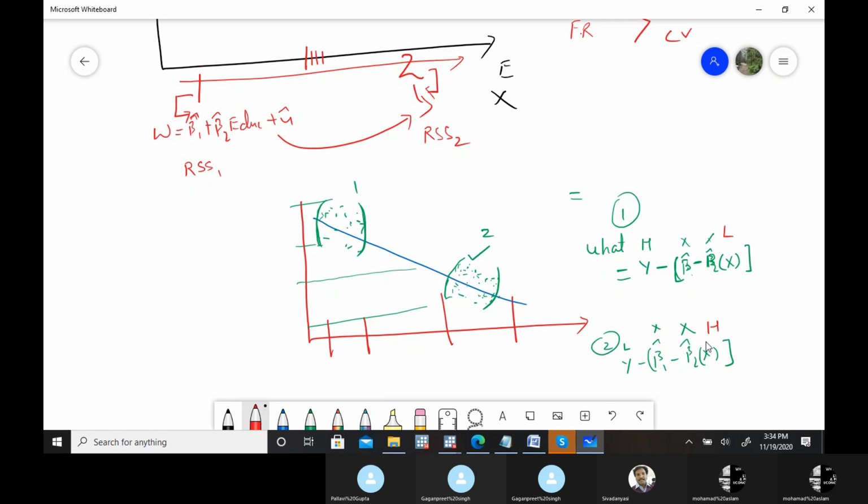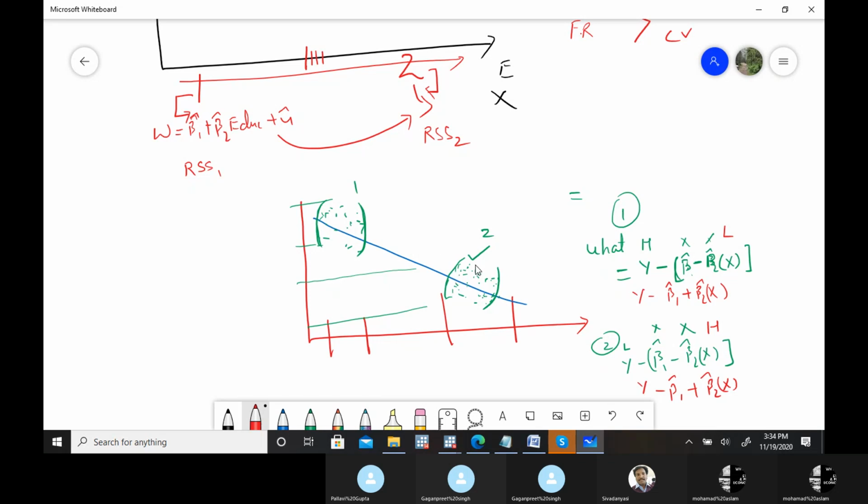And if you multiply this x value with your beta and it is negative, the overall impression is like y minus beta 1 hat plus beta 2 hat x, right? Y minus beta 1 hat plus beta 2 hat x variable. So in this group, these are the highest x values, they are going to be added.